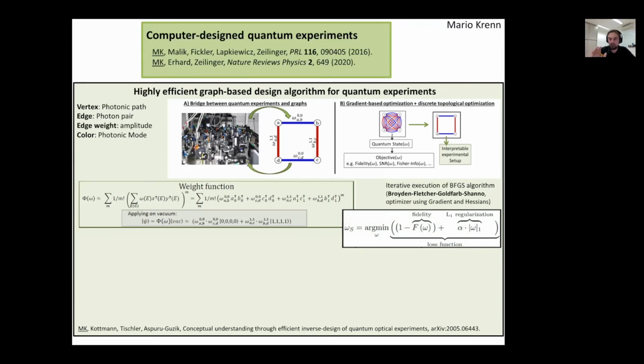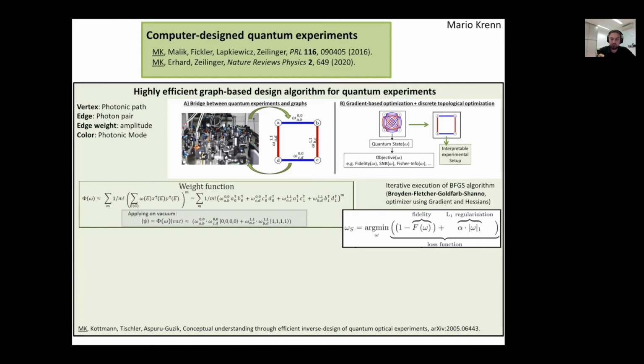In the loss function, we also add the L1 regularization term that motivates the algorithm to find solutions where a lot of the weights vanish. That means a lot of the edges get removed. And in order to solve this loss function, we can use an iterative method called the L-BFGS algorithm, which uses at the same time gradients and higher order derivatives of the loss function.